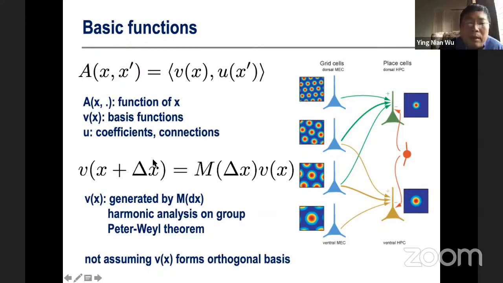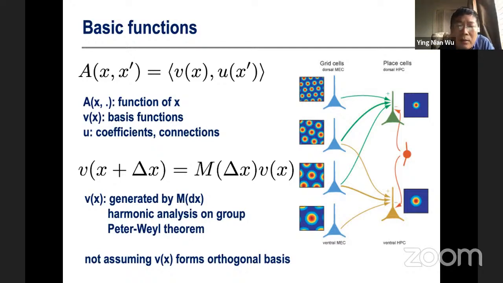So this is the way we generate a basis function, so that v of x is generated by this matrix representation. And this actually is based on a very deep generalization of Fourier analysis. Fourier analysis is defined in the real domain, right?